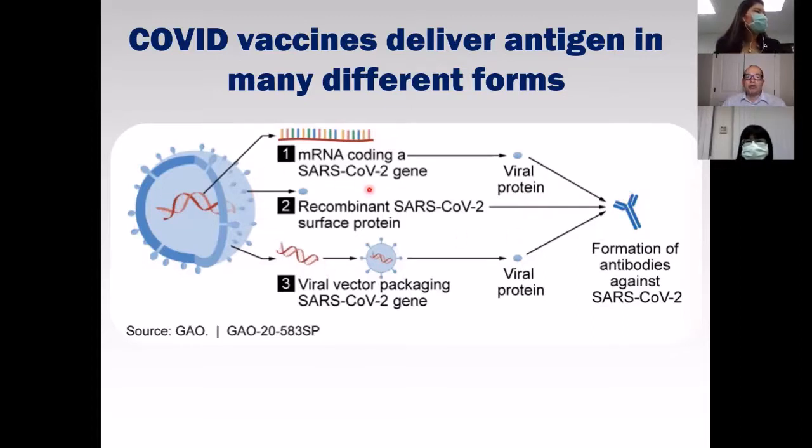There are some approaches that have used different ways of expressing that spike protein in in vitro systems, and also a lot of vaccine approaches that are using viral vectors to get the gene expression, that spike protein, into host cells, where it produces a protein and induces immunity. So if we're comparing and contrasting flu and COVID vaccines, the COVID vaccines are using a much wider diversity of platforms, and those platforms are, in many cases, far more sophisticated than what we're currently using for influenza.